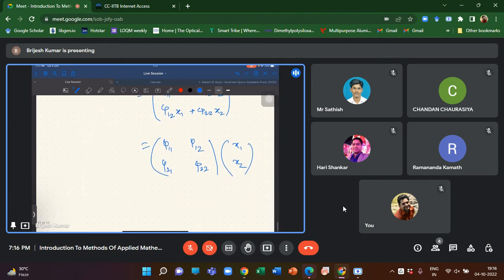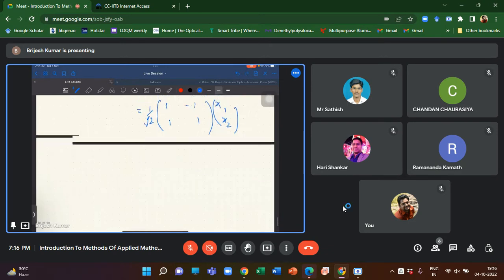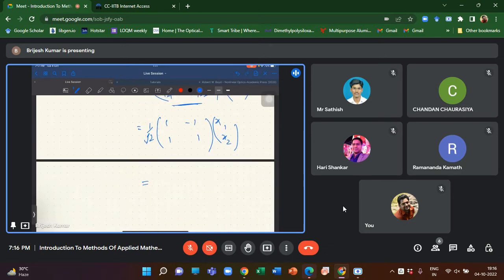So we have 1 by root 2 times (1, minus 1; 1, 1), and this is x1 and x2. So we have here phi star into x.